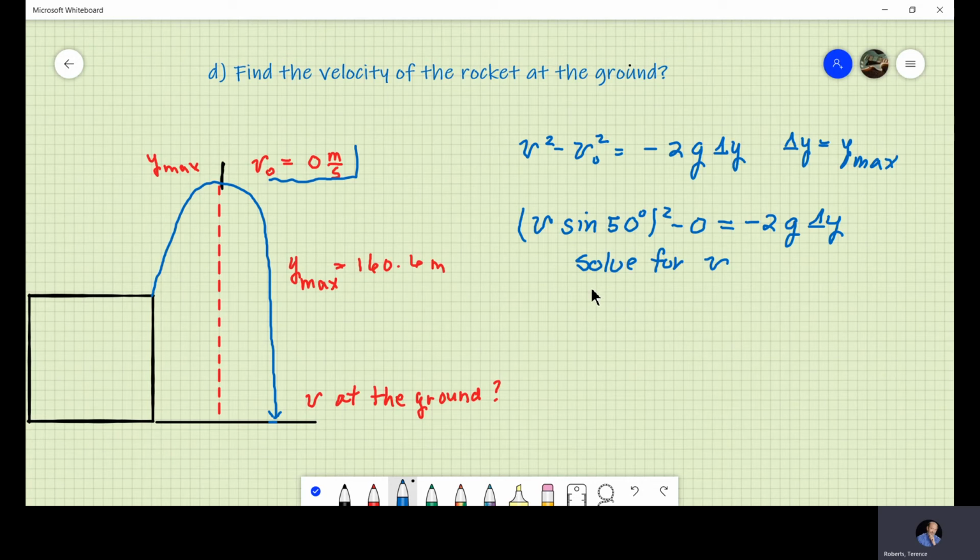Let's do that. So v is going to be equal to 2g y, that's the y max or delta y, all divided by the sine of 50 degrees squared, and this is all going to be the square root.